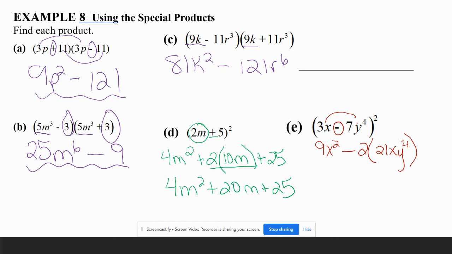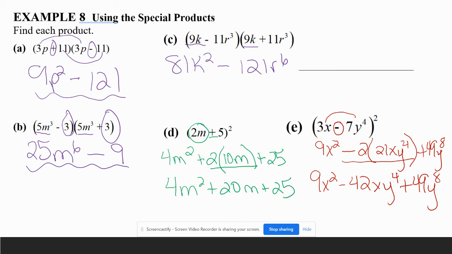And then we square the 7y to the 4th. So plus 49y to the 8th, because it's 4 times 2. Finish with doing the math in the middle there. We have 9x squared. Negative 2 times 21 is negative 42 xy to the 4th plus 49y to the 8th. And that would be our final answer.